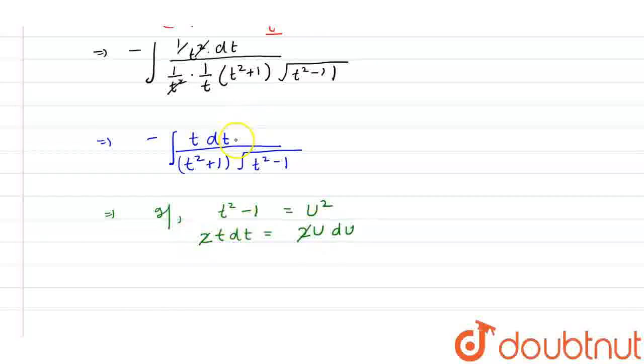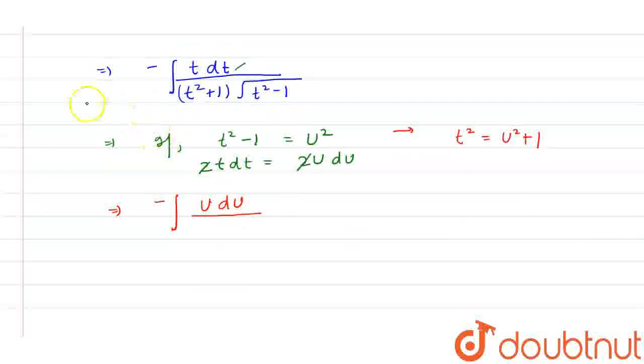Now by putting the value of t dt here, we get minus integration of u du, and from here we can get the value of t square, that is t square is equal to u square plus 1. Now by putting the value of t square is equal to u square plus 1, and t square minus 1 is equal to u square, and by cancelling square and root, it becomes u. Now this u cancels.